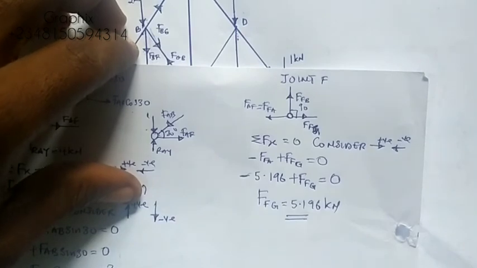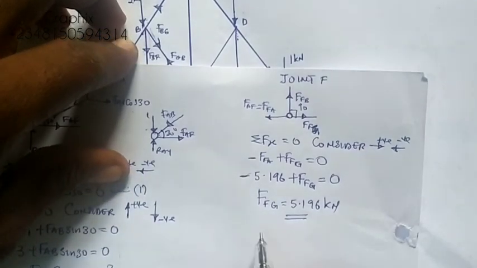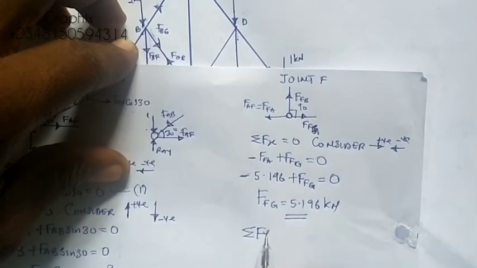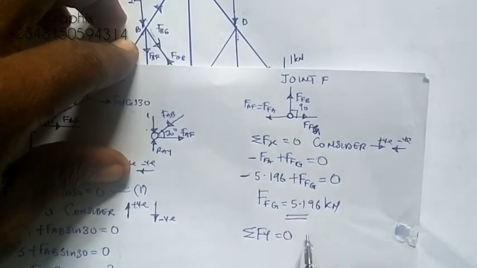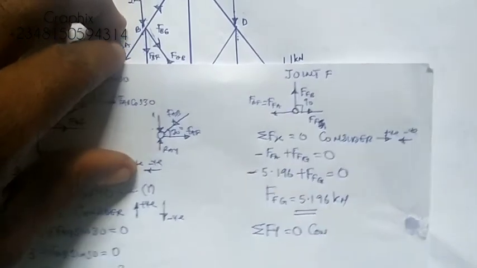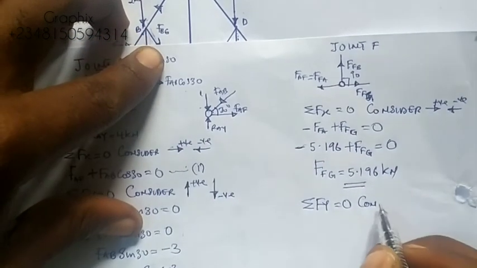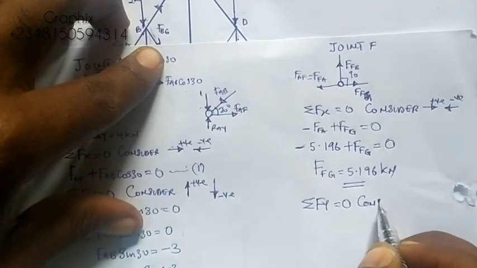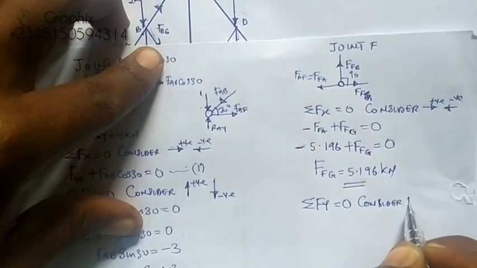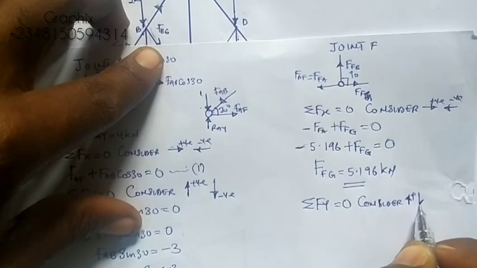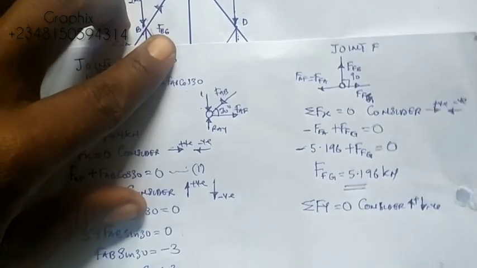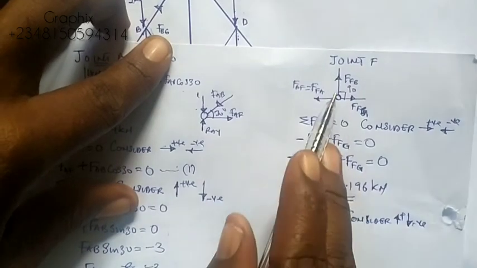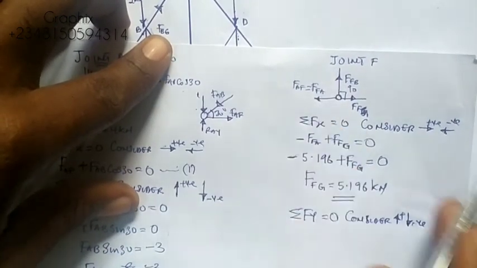So that's my FFG. Now the next thing we do will be summation of Fy equals 0. So you consider upward force positive and downward force negative, right? If you look at this force here, it's going up. That's the only upward force that we have there.